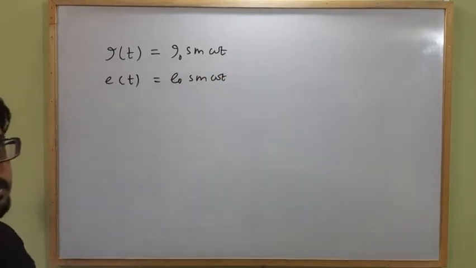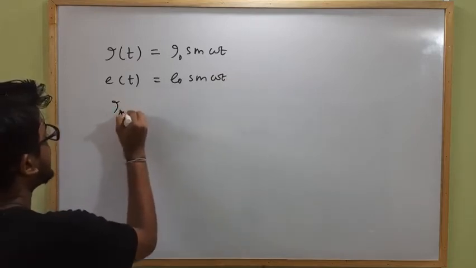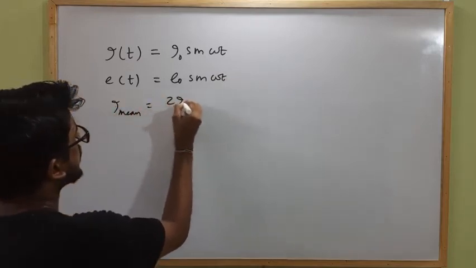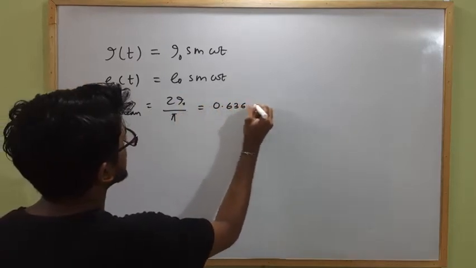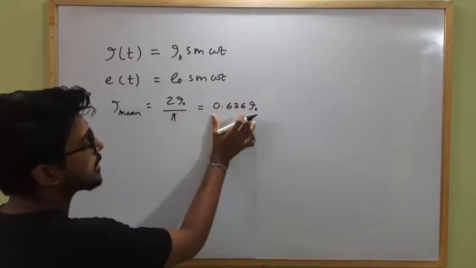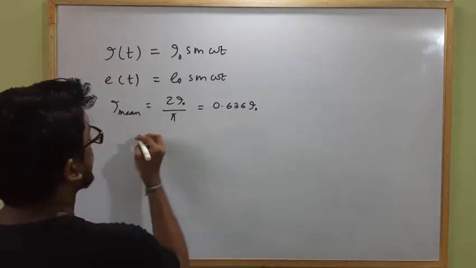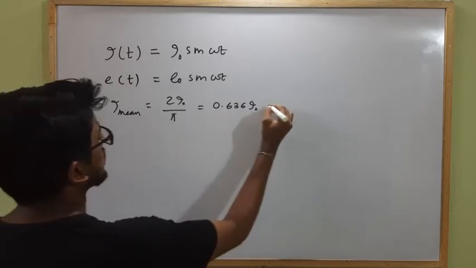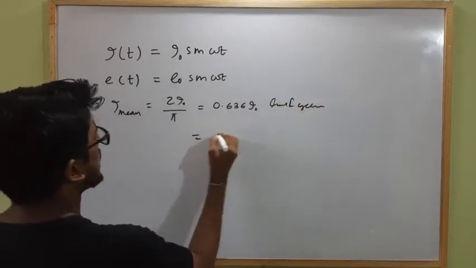Clear? And the mean value I mean of alternating current will be 2 I naught by pi, or nearly 0.636 I naught for a particular half cycle which varies from 0 to T by 2, where T is the time period, and for a complete cycle it is 0.